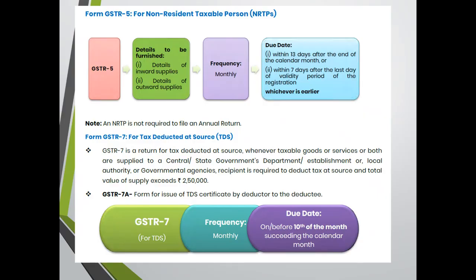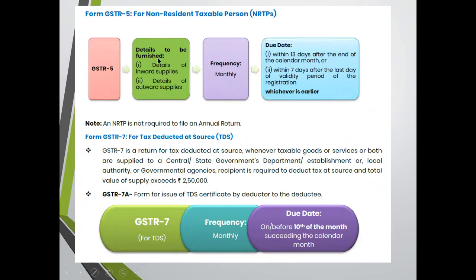So everybody kindly type GSTR 5 NRTP. Yes, GSTR 5, NRTP, non-resident taxable person.